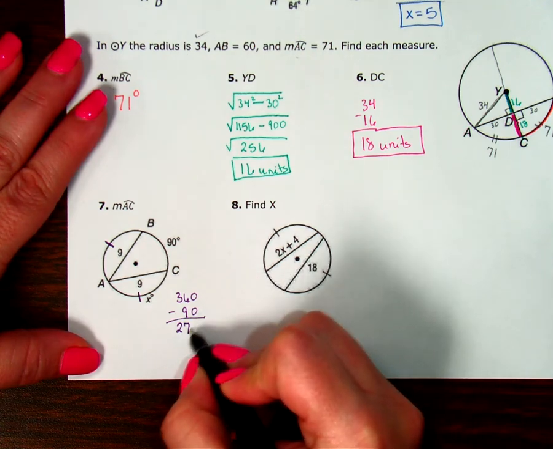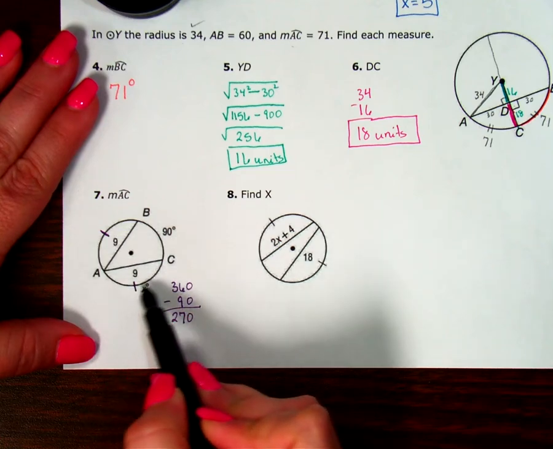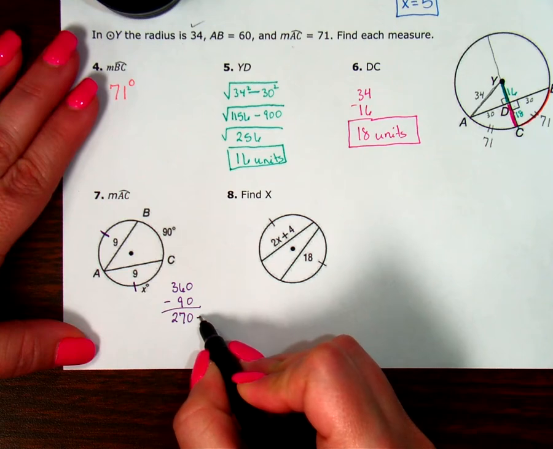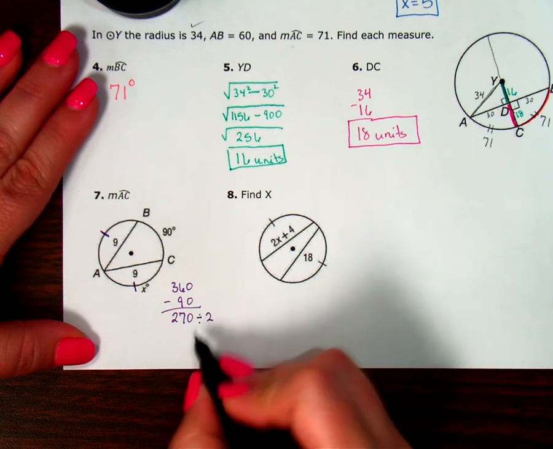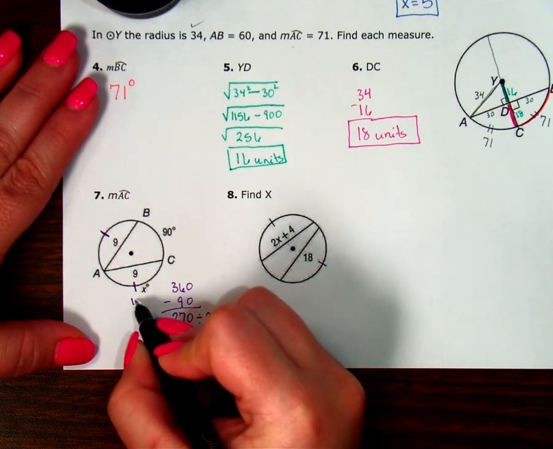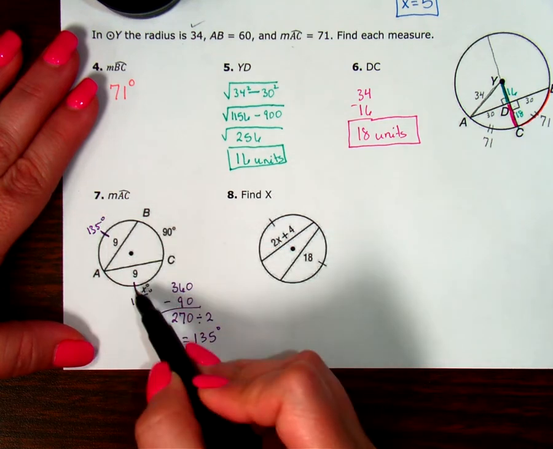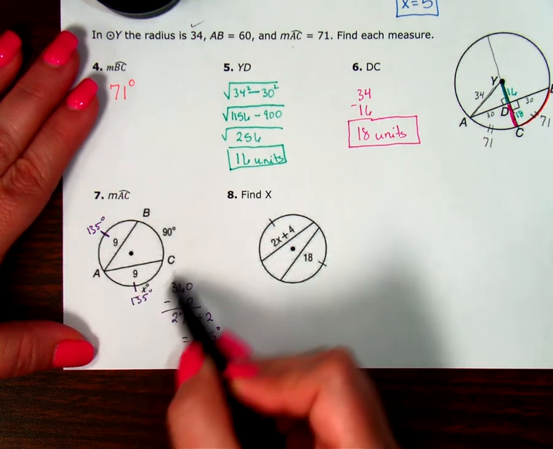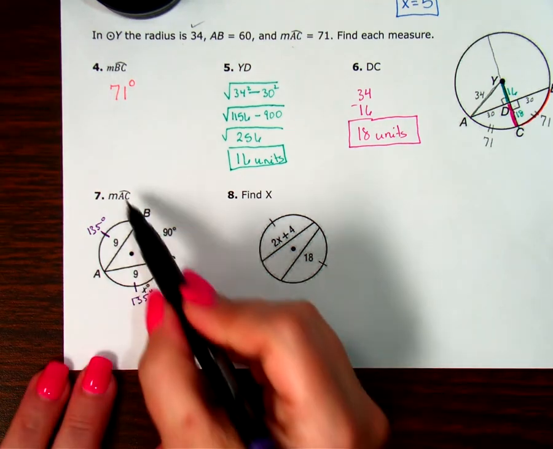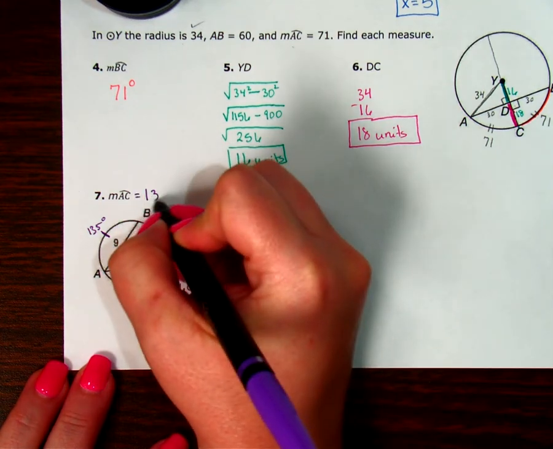That leaves me with 270 degrees for the rest of the circle, and that's divided into 2 equal arcs. So I'm going to take my 270 and divide that in half, which gives me 135 degrees for this side and this side. So these 2 arcs are the same, and all 3 arcs together, all the way around that circle, is 360 degrees. So the measure of arc AC is 135 degrees.